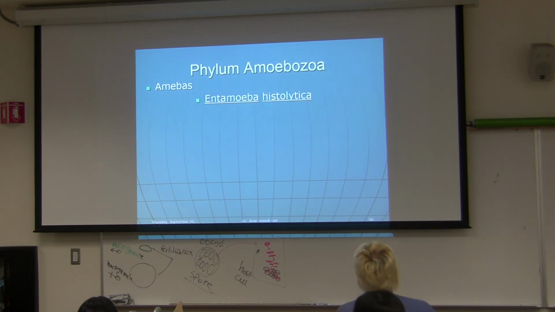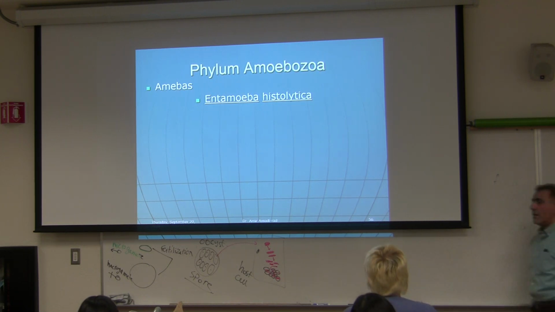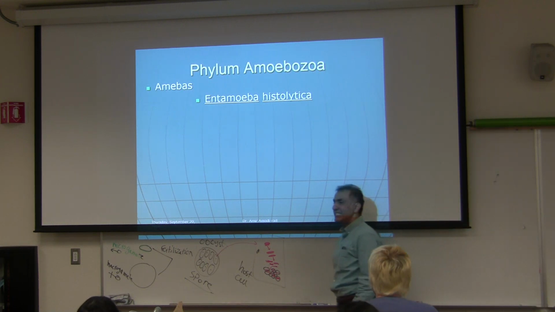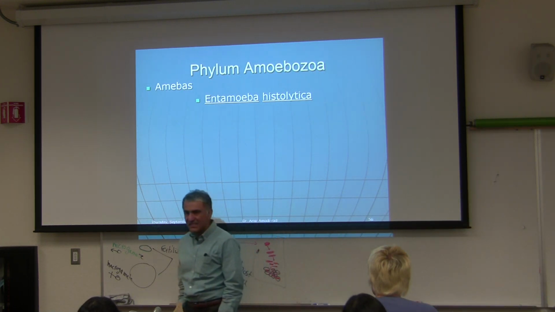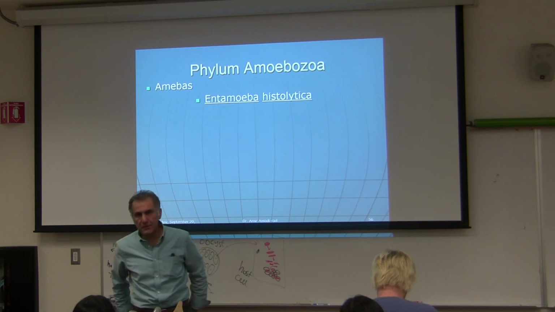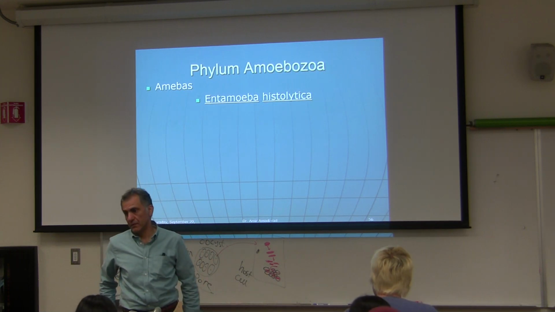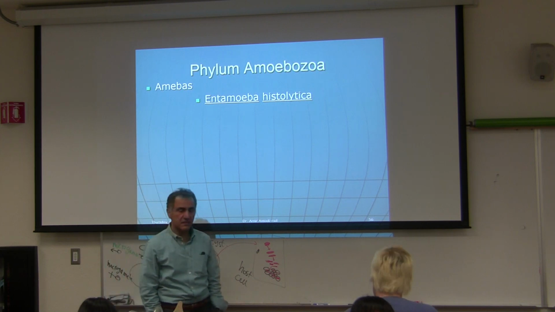Amoebas, we have Entamoeba histolytica. Entamoeba histolytica causes what they call amoebic dysentery. Amoebic dysentery is when a person has diarrhea plus blood. That's what amoebic dysentery means.